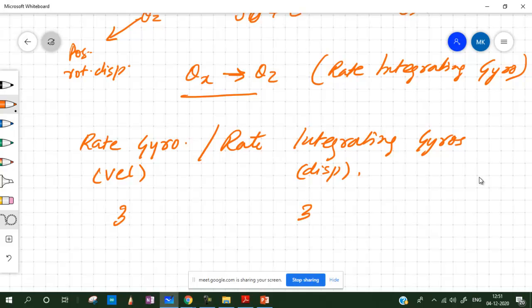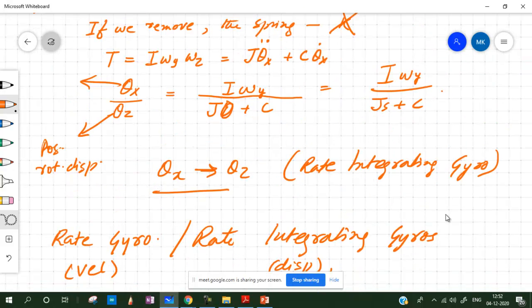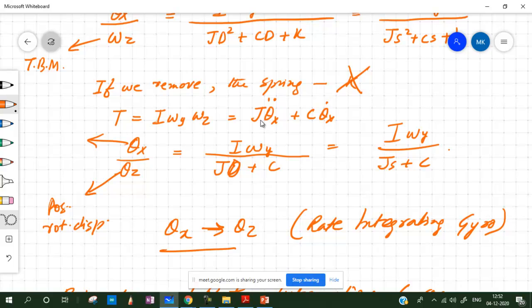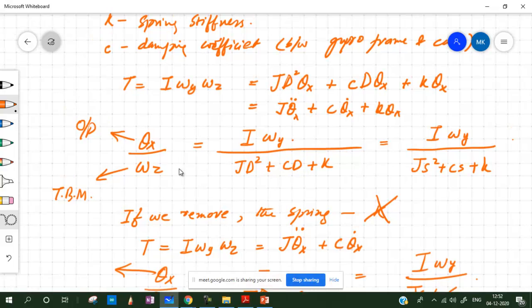Let's say, for example, if I am interested in velocity, we have to make use of three rate gyros for the angular velocity about the three basic axes of any rigid body, let's say yaw, pitch and roll, which we generally encounter in all these systems. Obviously, when we design these, we have to consider certain things, and we will look at them in the rate gyro system.